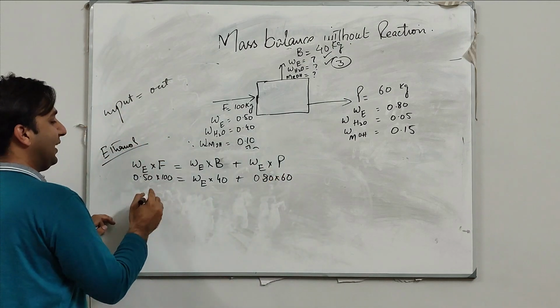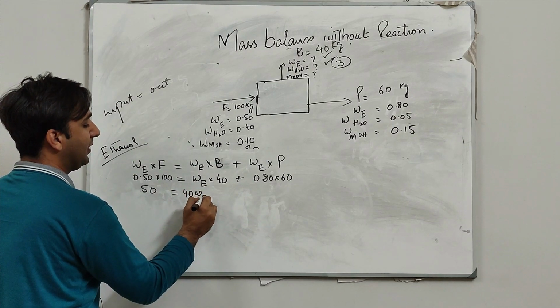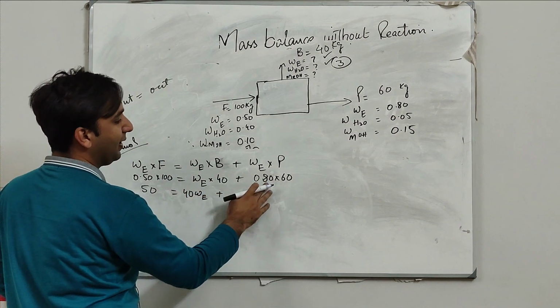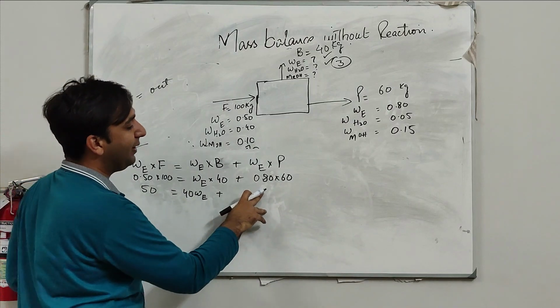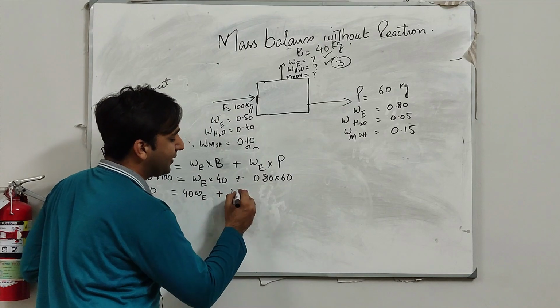So now you can see it becomes 50 equals 40 x_E plus 48.